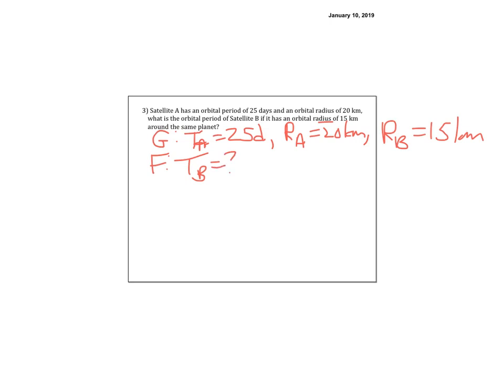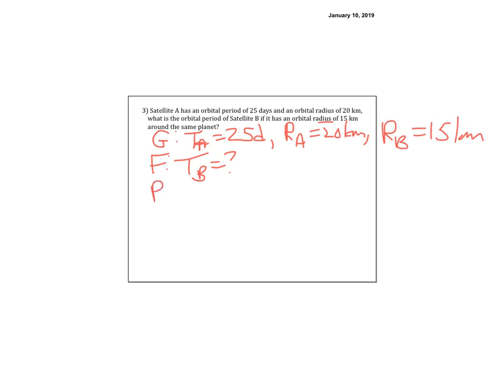Now we know it's going to be less, right? Because we can see that we went from 20 kilometers here to 15 kilometers there. But we don't know exactly what it is. But we just know it's less. So it's going to be something less than 25 days.